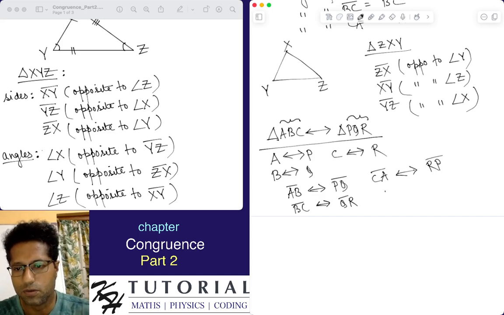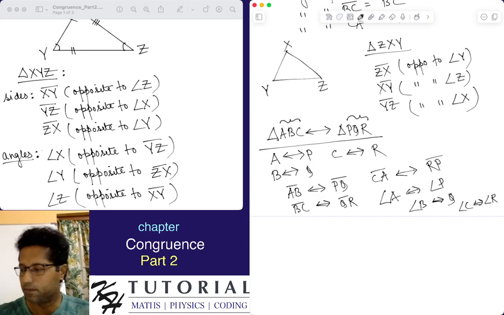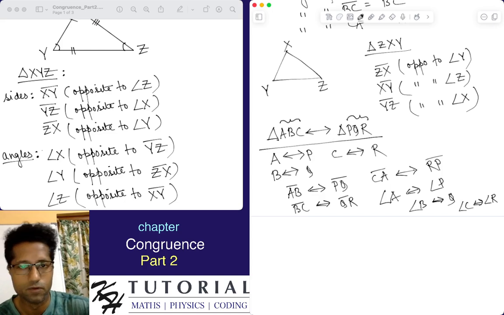Also it is clear that angle A is mapped to angle P, angle B is mapped to angle Q, and angle C is mapped to angle R. Please understand one thing very carefully, that I am not yet talking about congruence.